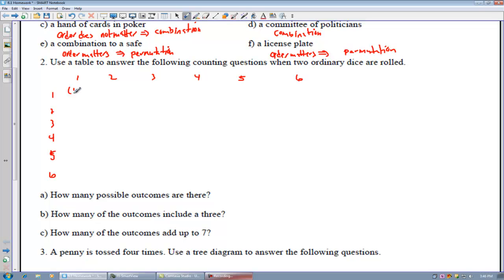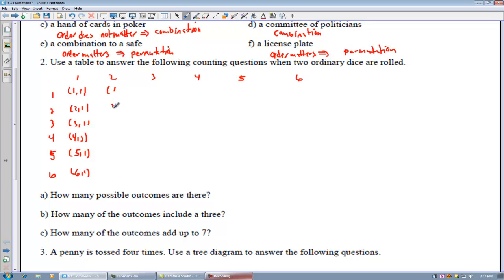So you could roll a 1, 1, or a 2, 1, or a 3, 1, or a 4, 1, or a 5, 1, or a 6, 1. And then over here you could roll 1, 2, 3, 4, 5, 6 on one die and a 2 on the other.